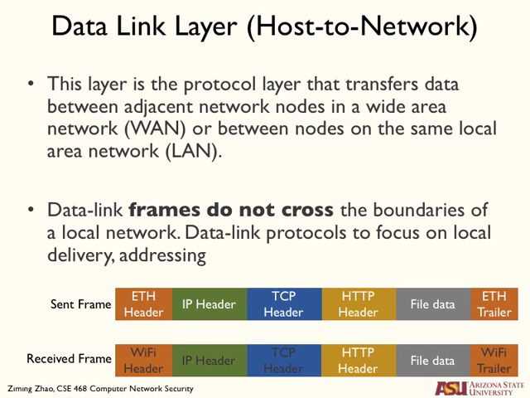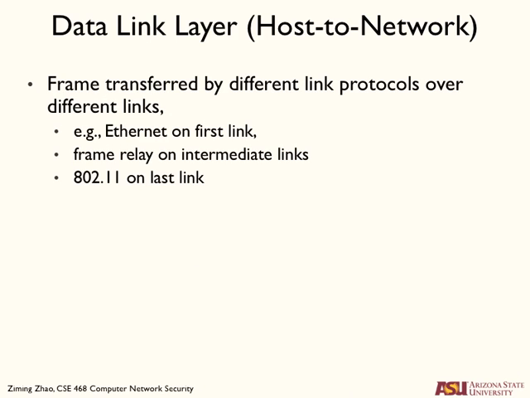If it wants to cross the boundary, it has to do a lot of changes. The data link layer is also called the host to network layer or network access layer. In the exams, we're not going to ask questions on those terms. They're not important, and in different books and papers, they use different terms.